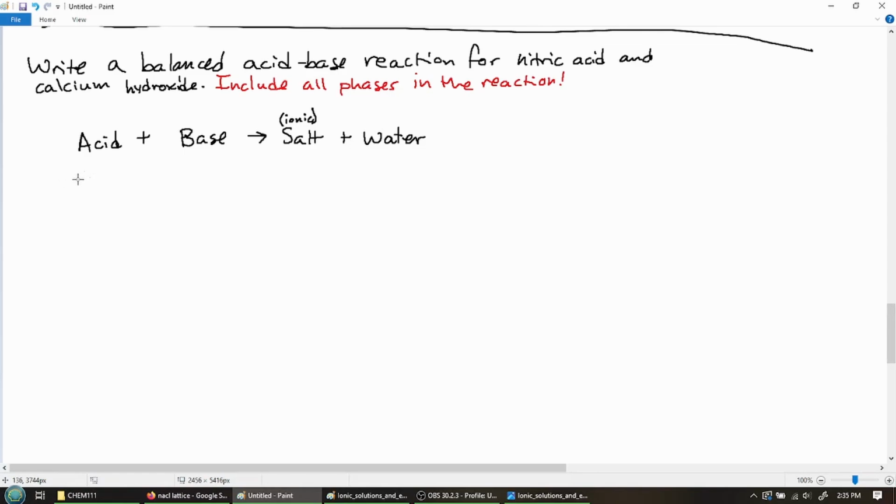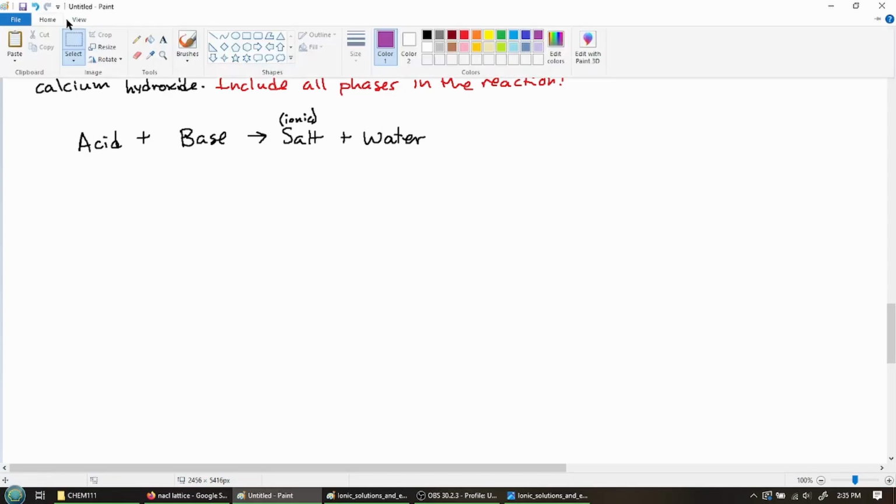So nitric acid. The ic acid part, and the fact that there's no hydro at the beginning, indicates to us that this is probably formed from a polyatomic ion. Which one? Well, if it's ic acid, it comes from ate, so nitrate.